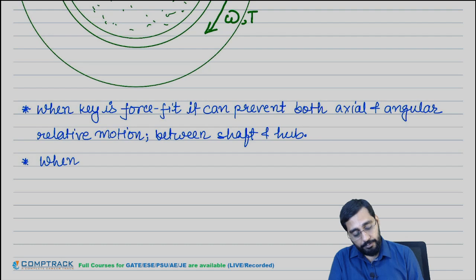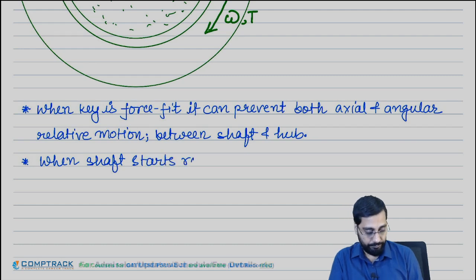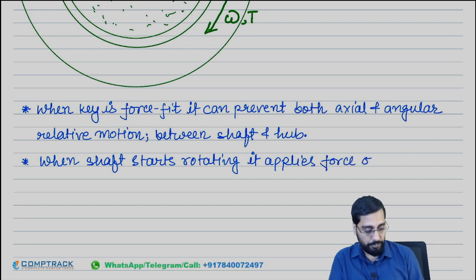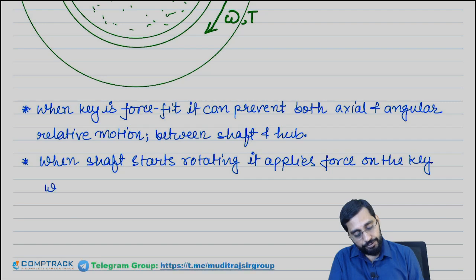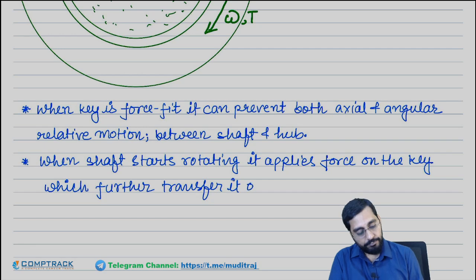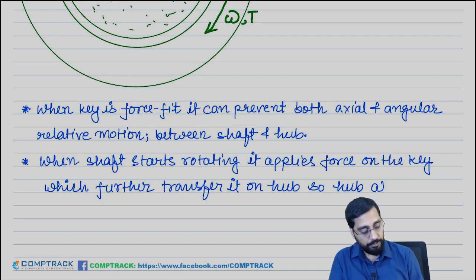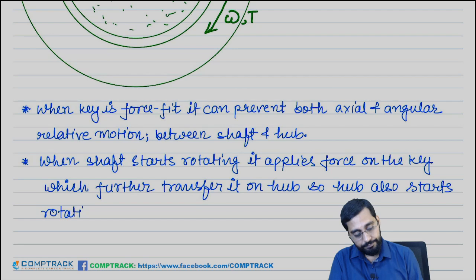When shaft starts rotating, it applies force on the key, which further transfers it on hub. So hub also starts rotating.